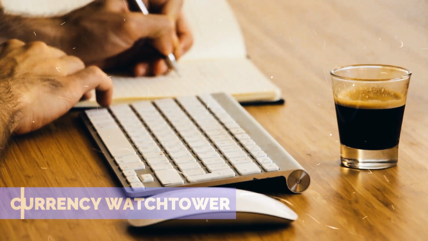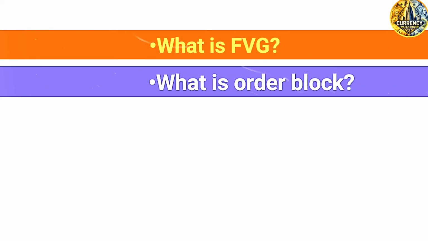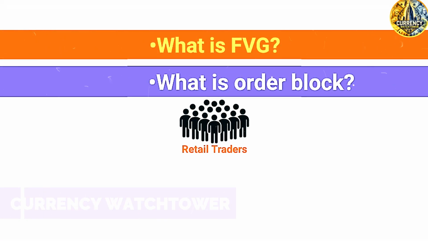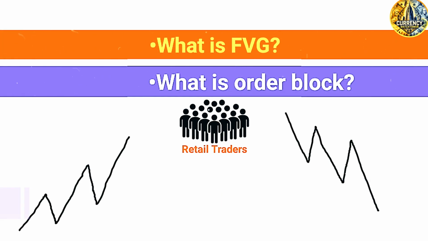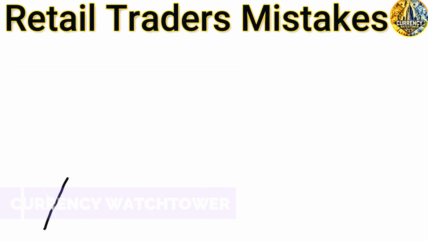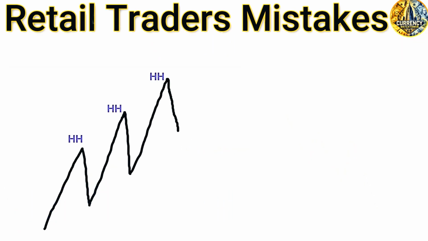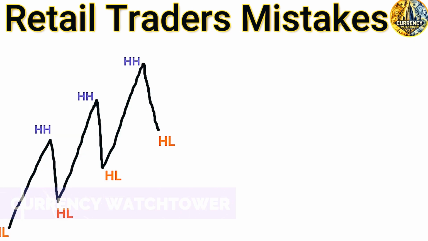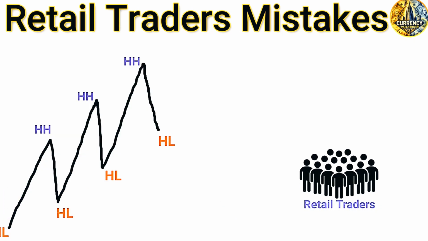Before knowing what fair value gaps and order blocks are, I would like to highlight a common mistake made by retail traders during trending markets, which often causes them to suffer losses. Retail traders see that when the market is moving in an uptrend or downtrend, for example, suppose the market is going uptrend, forming higher highs and higher lows.